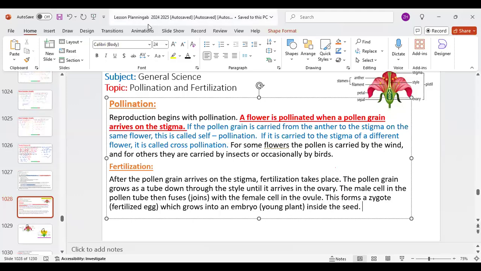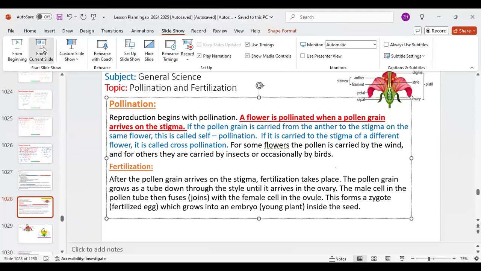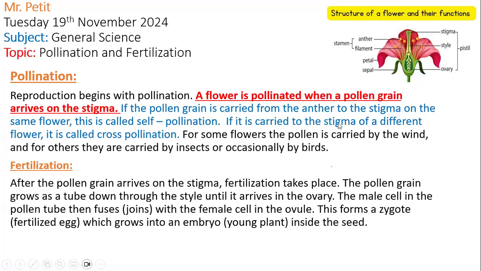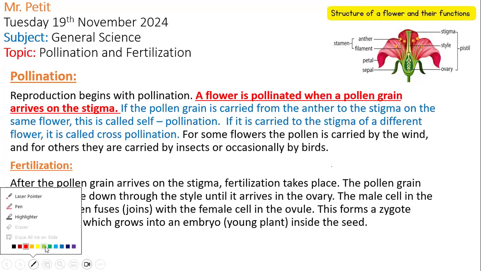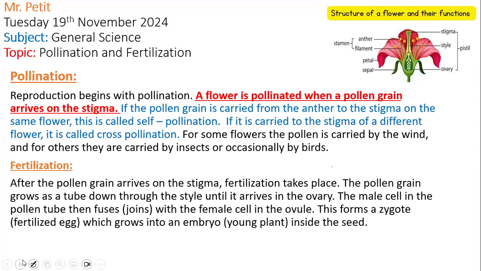So basically, you have several things happening at once. The pollen arrives on the stigma right there. Let me use a different color, say black. So the pollen arrives on the stigma, and then what happens to it? The pollen grain grows as a tube down through the style until it reaches the ovary.